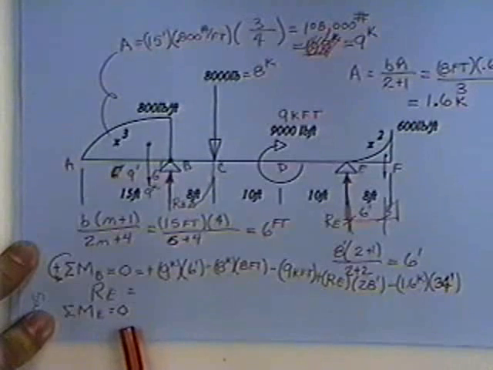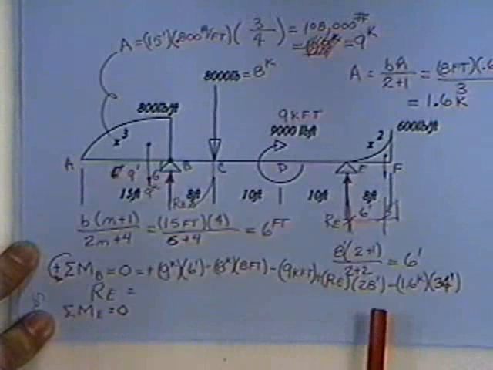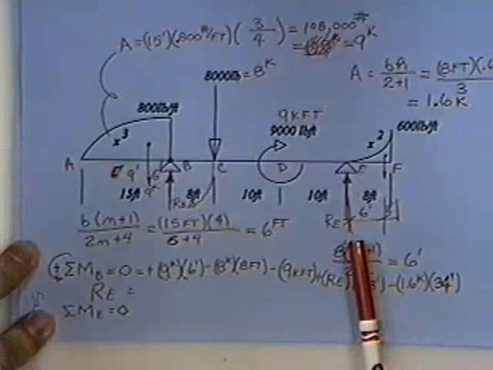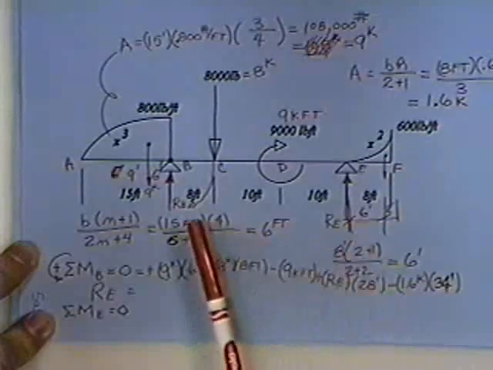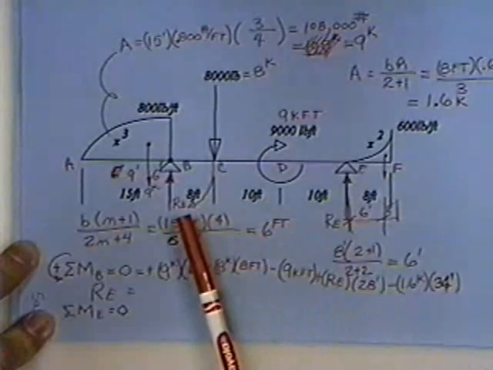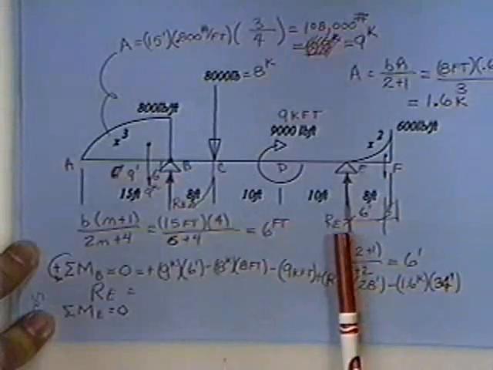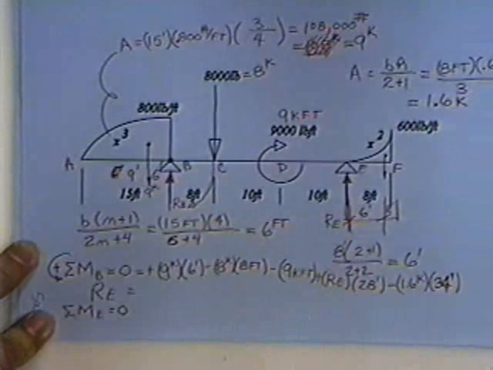But if you sum moments about point B first, and write down an answer for R sub E, and then sum moments about E, and write down what you think the answer is for R sub B, you can add those two forces together, and the sum of the forces vertical provides a check for you.